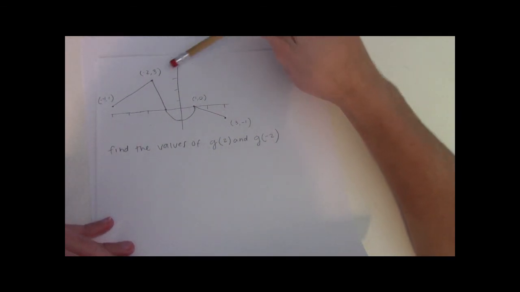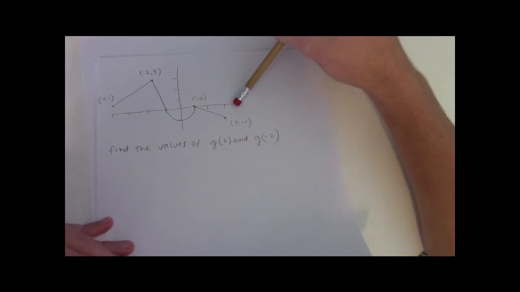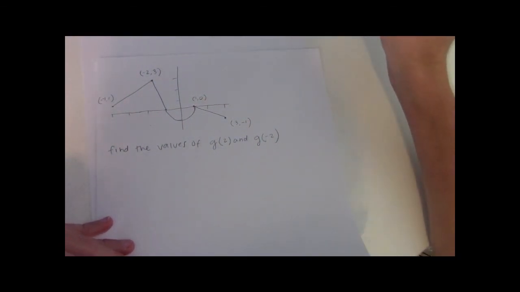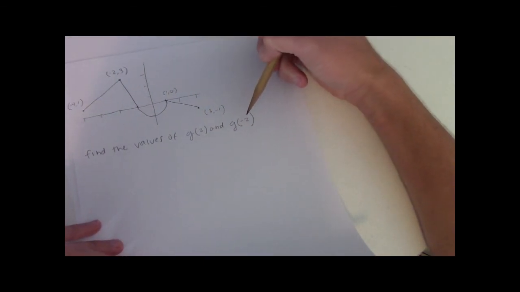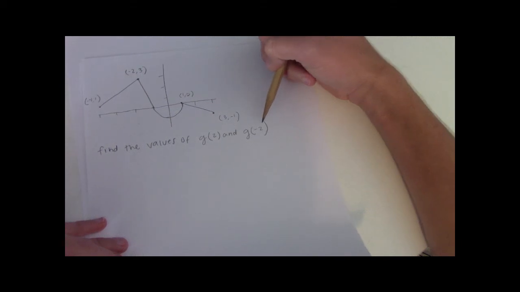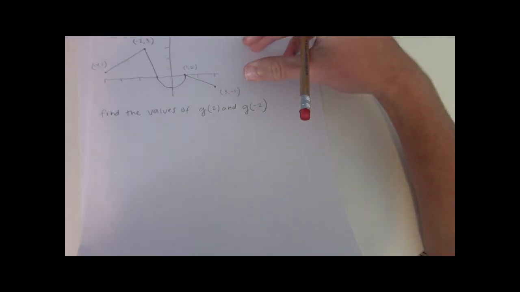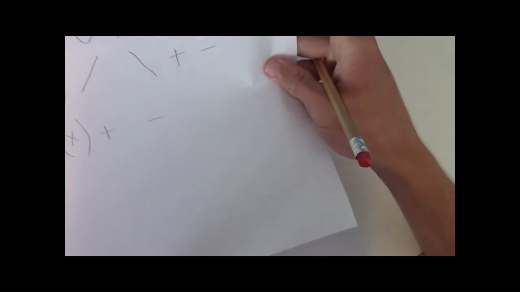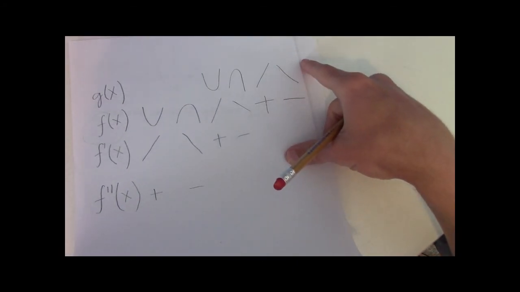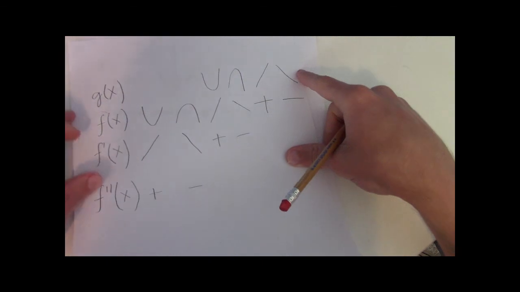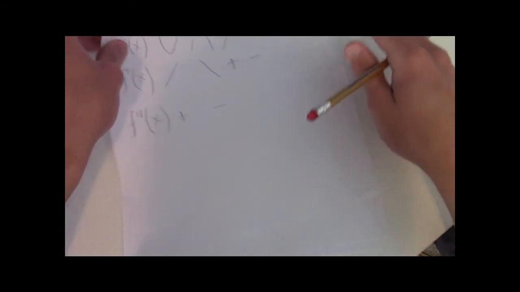Alright, I have the graph drawn for you here. So the first part of the question asks us to find g of 2 and g of -2. So we know that g is the antiderivative or the integral of f of x, which we are given in our graph.